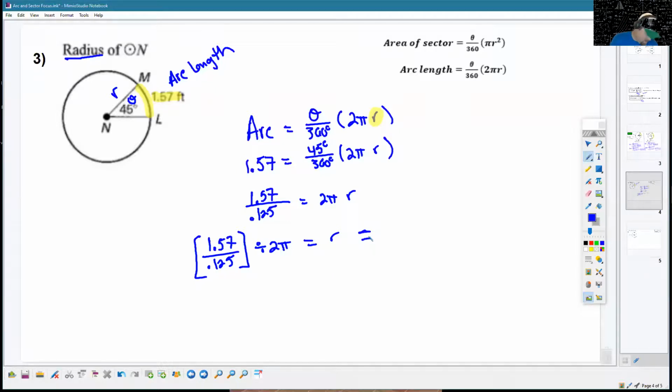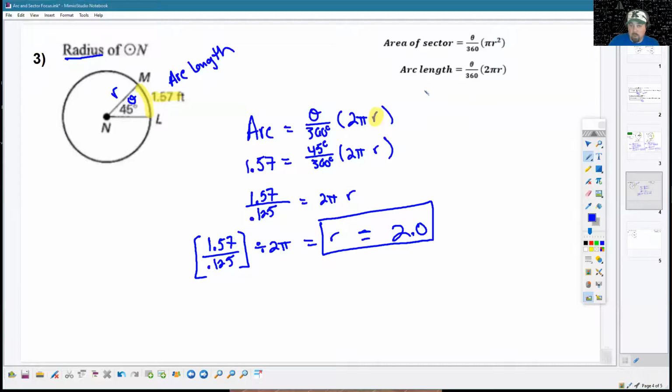So 1.57 divided by 0.125 is 12.56, and I'm going to divide everything by 2 pi, and I get 1.99898, and I'm going to round that up. That's going to be 2. So that means the radius is 2, and I'll even put 2.0 to show that I had some accuracy there. It's all 9s and 8s.